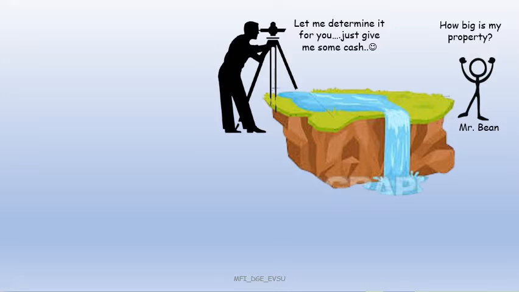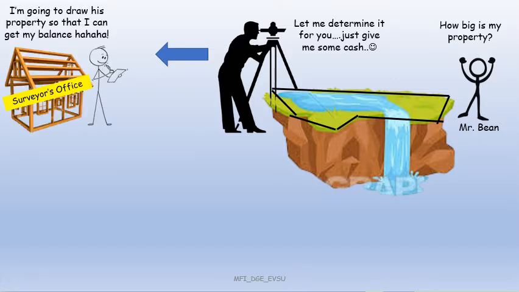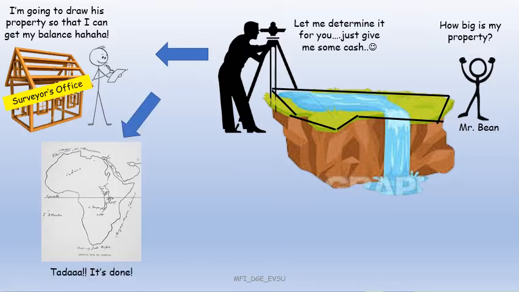Yan. After doon, si GE, uuwi siya sa kanyang office. Anong gagawin niya sa office? So, he is going to draw the area of Mr. Bean. So, gagawa siya ng mapa. So, ayan, tadan! Ito na yung example ng mapa o ng lupa ni Mr. Bean.